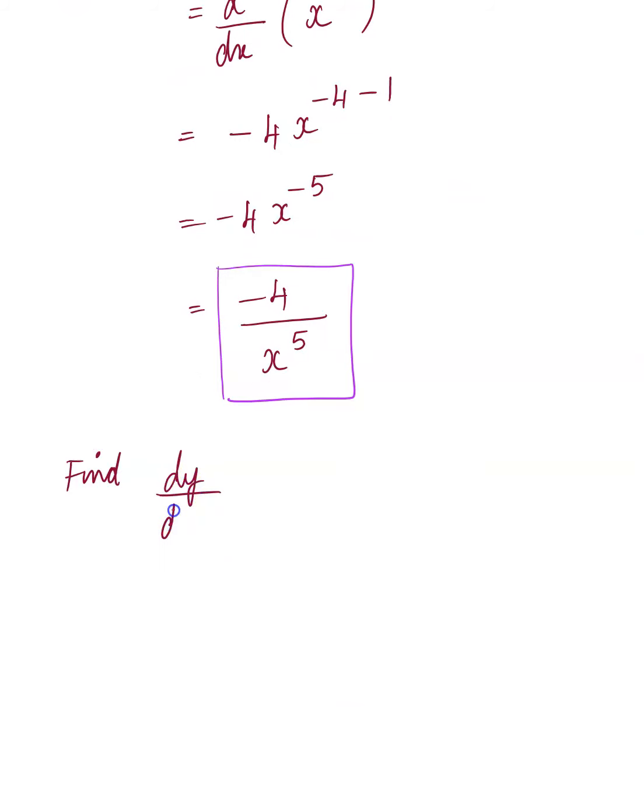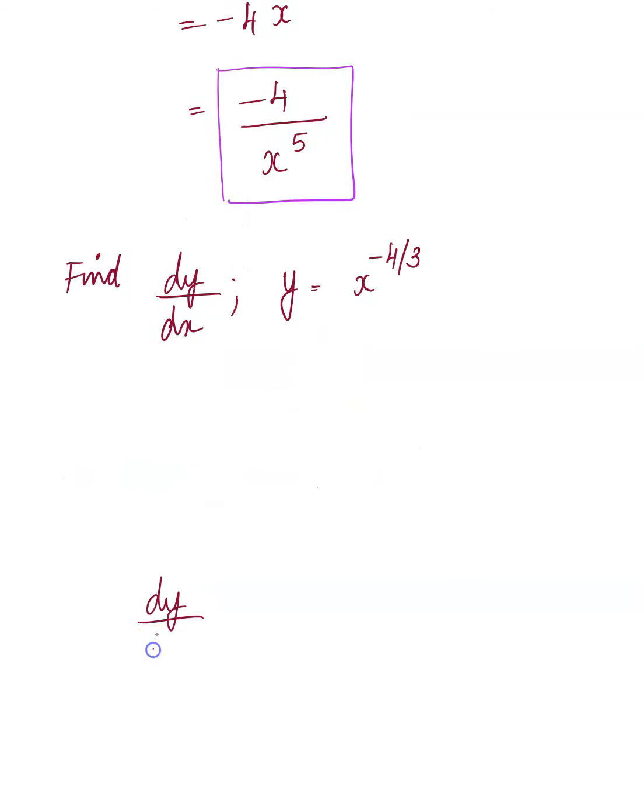Find dy over dx. y equals x power negative 4 over 3. dy over dx, which is the same as the derivative of x power negative 4 over 3.